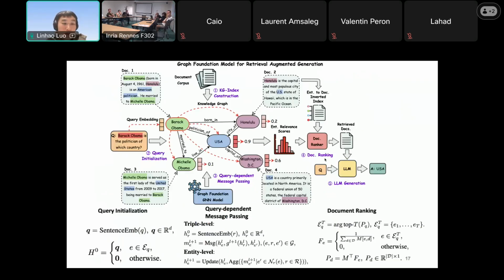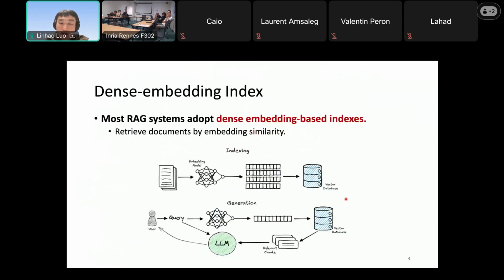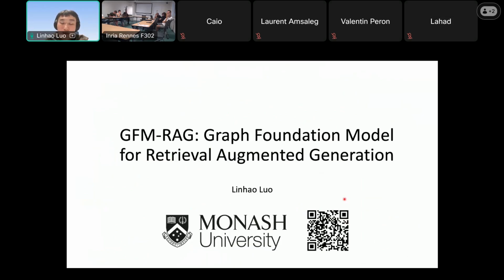Basically, we already released the pre-trained model and also the training framework on GitHub. If you go to our paper, you can access the GitHub of our method. This means you can directly download the model and apply it to your own knowledge graph to do some question answering.